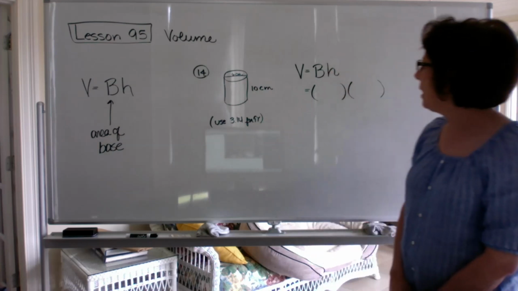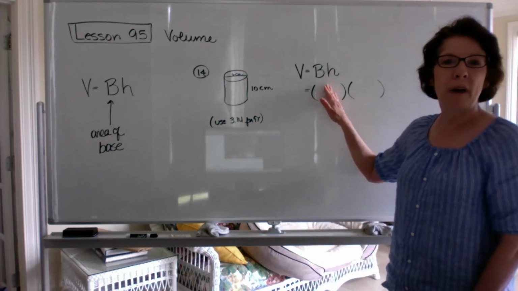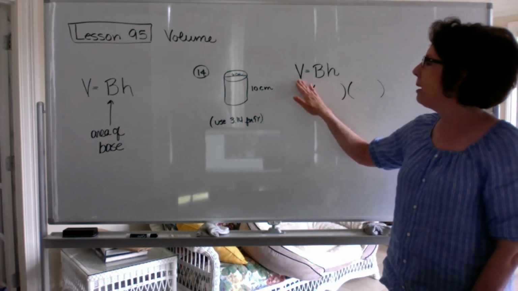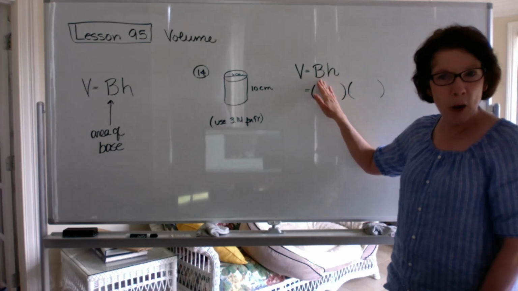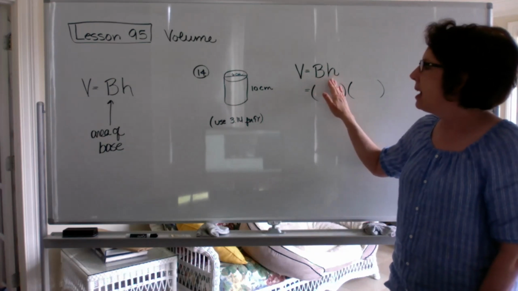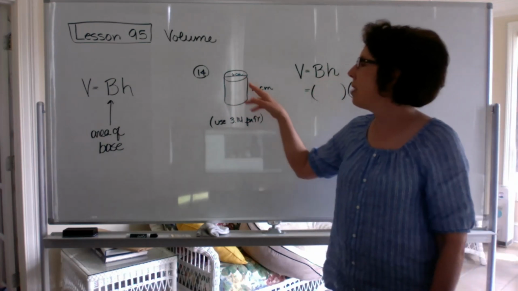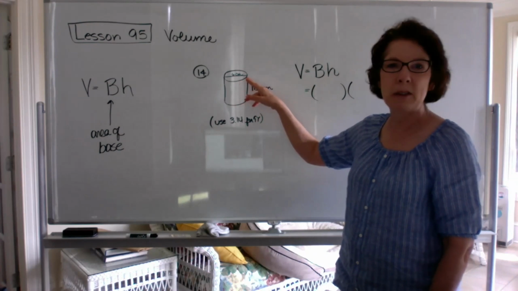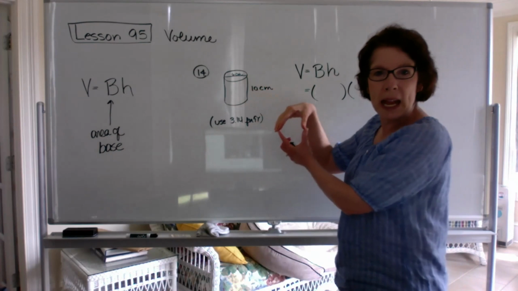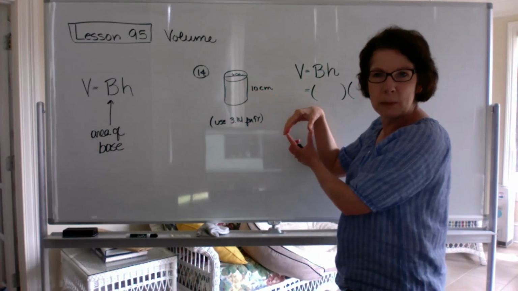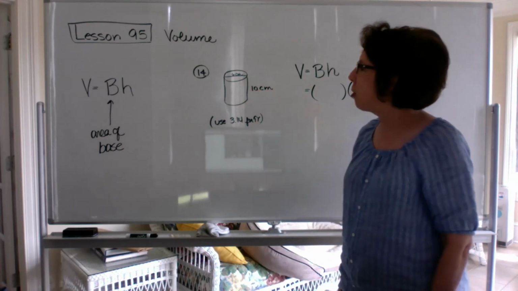Now let's come over here, and I've already written my volume formula. Volume, big V, equals capital B times H, or volume equals area of the base times height. Now we learned on the video that the base is the shape that you originally have, and then you drag it through 3D space, and you create a three-dimensional object.